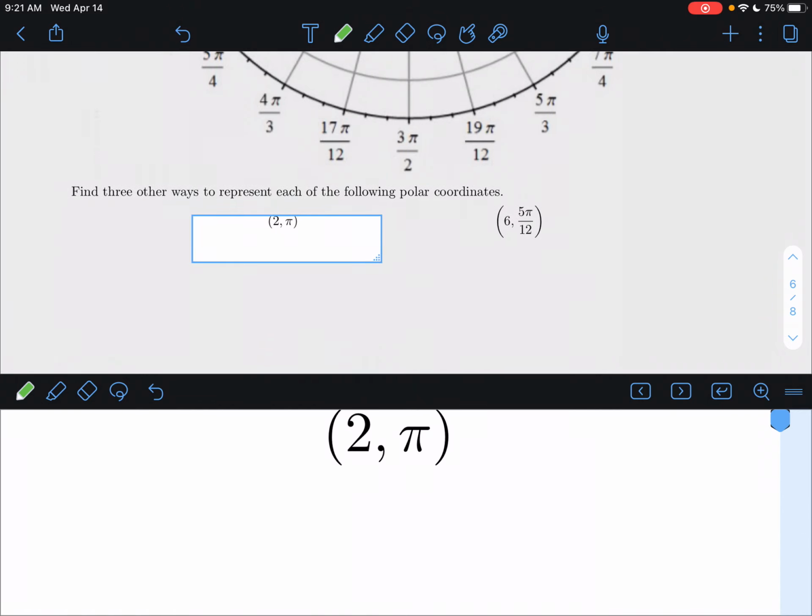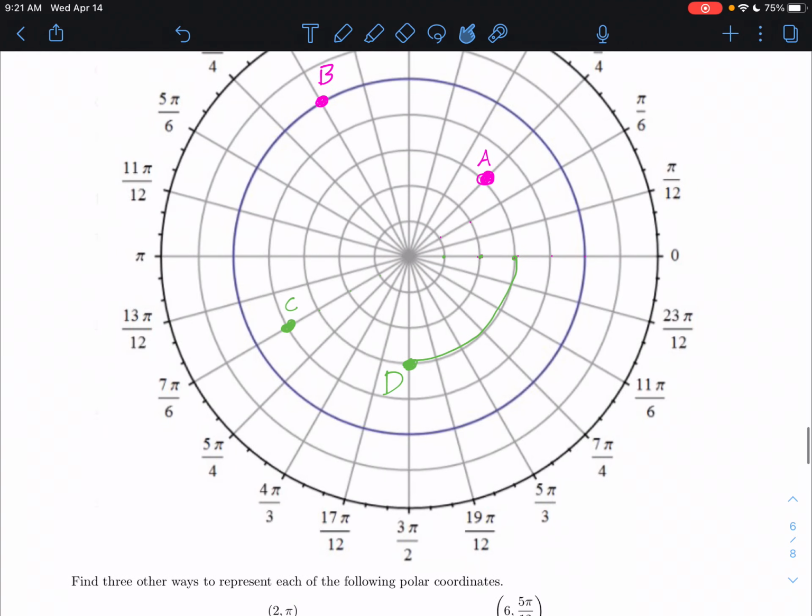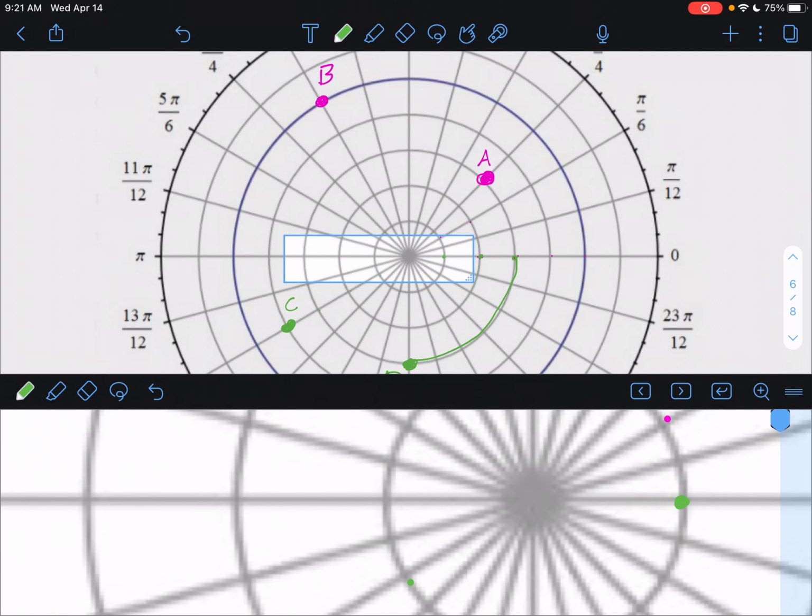So if I have the point (2, pi), it would be right here. I'll use a different color. There's my point (2, pi), because the radius is 2, and it's out pi radians.